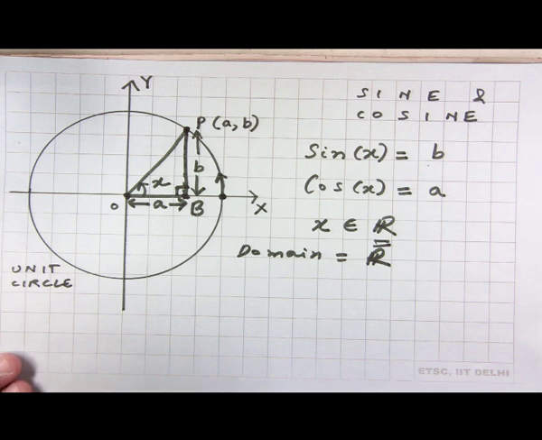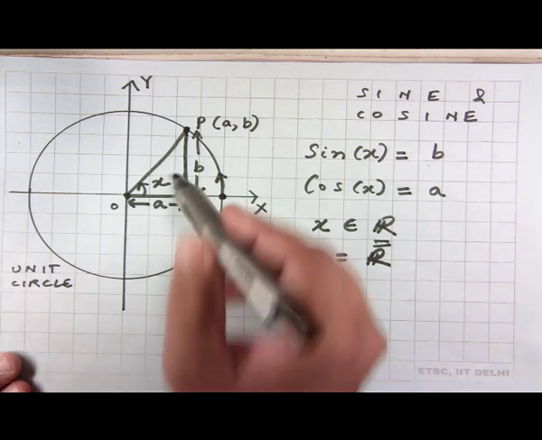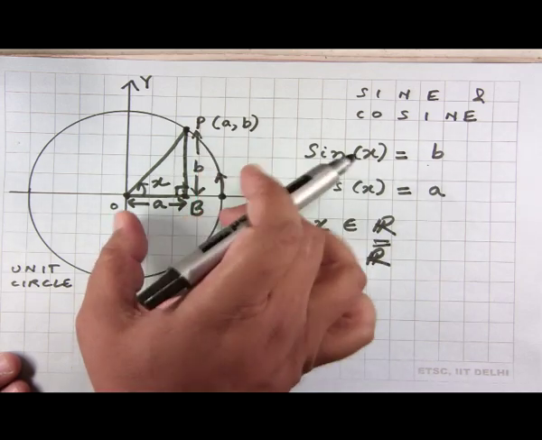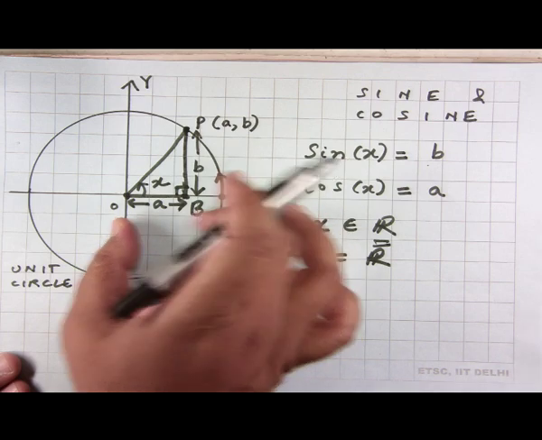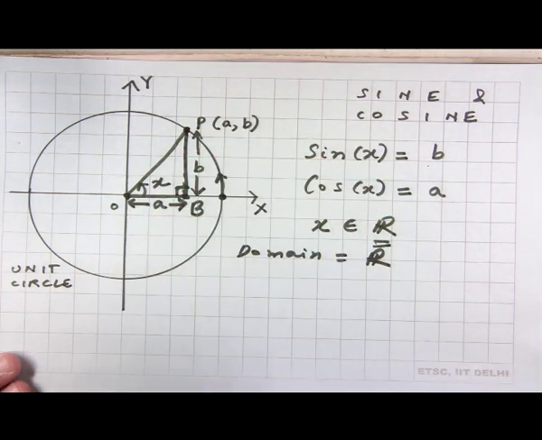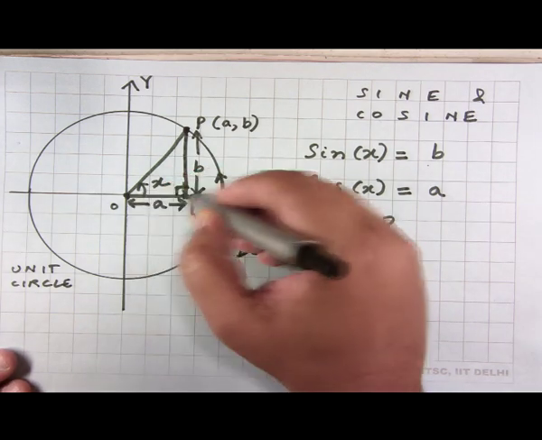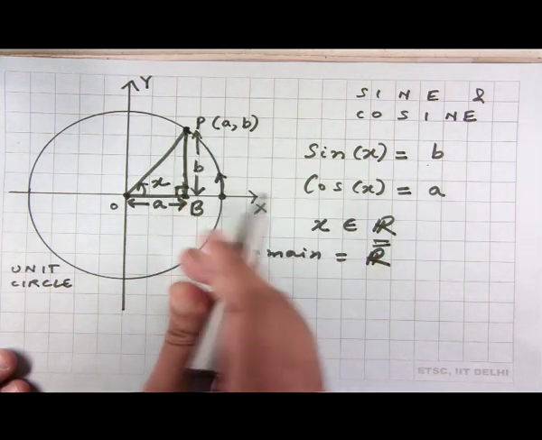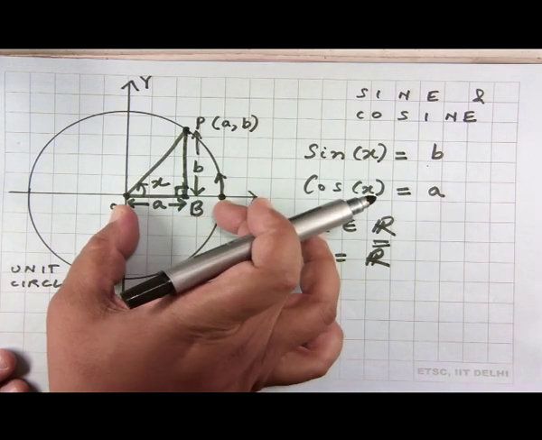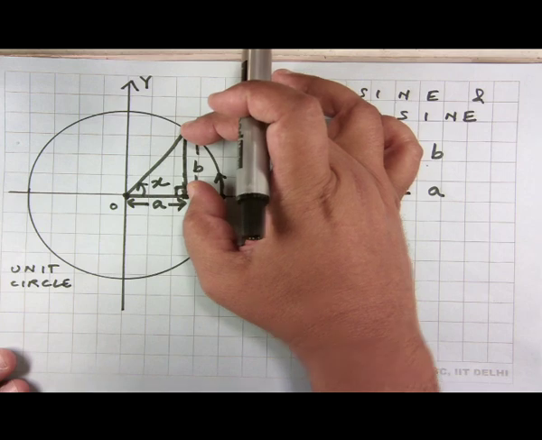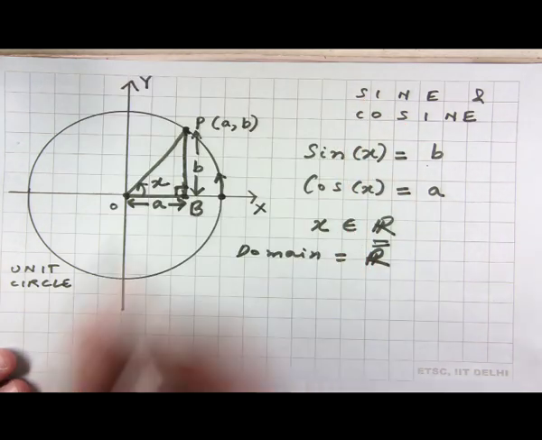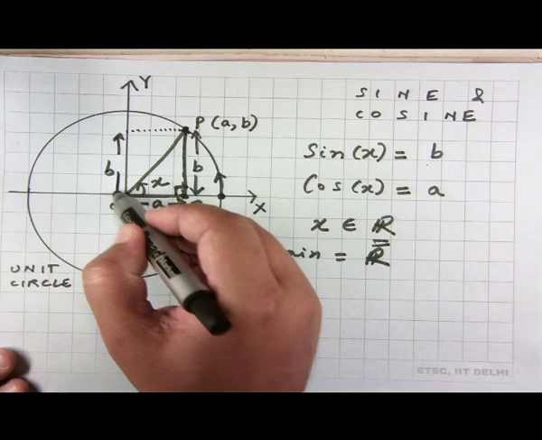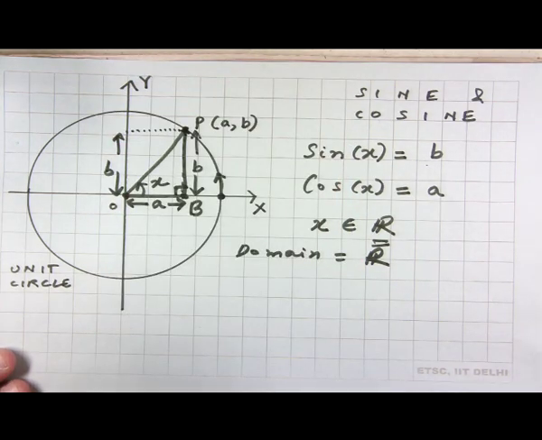The reason being that this point is on the circle, and since the radius is equal to 1 unit, both this a and b have to be less than 1 unit, because if you see this right angle triangle here, for this particular point P, this a is obviously less than the radius, and similarly this b, if you project it here, has to be less than the radius, and the radius is 1 unit.